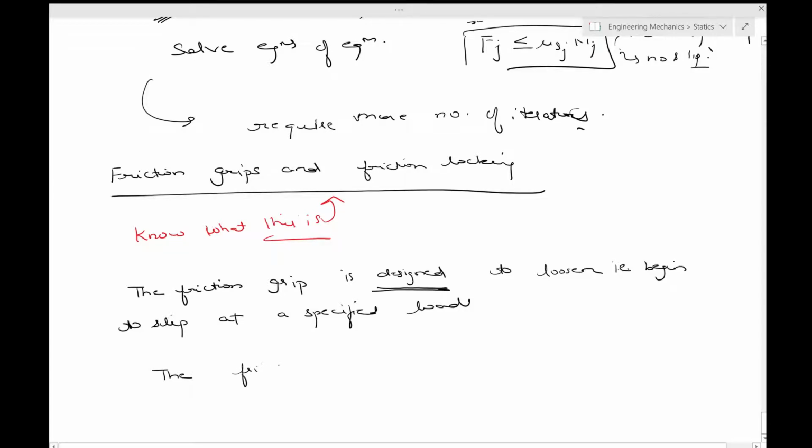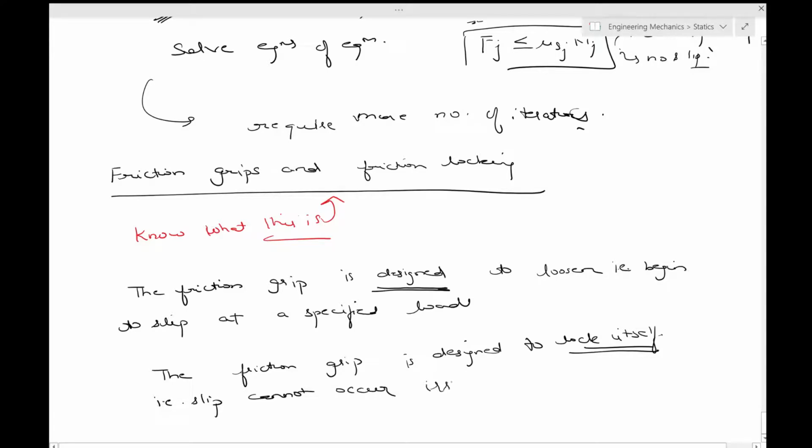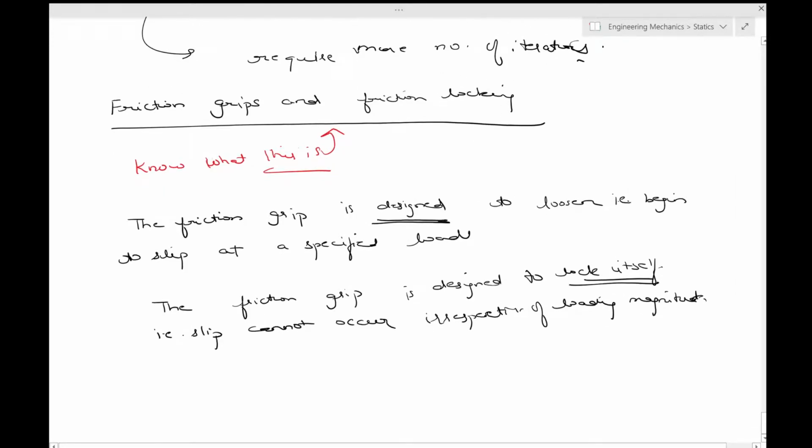the friction grip designed to lock itself. Okay, this means that the slip cannot occur irrespective of loading magnitude. So how is this done?